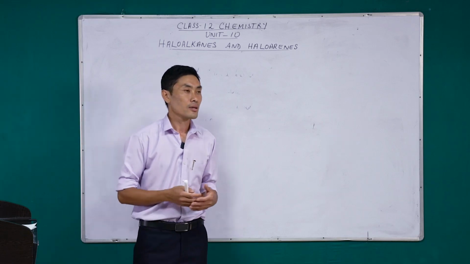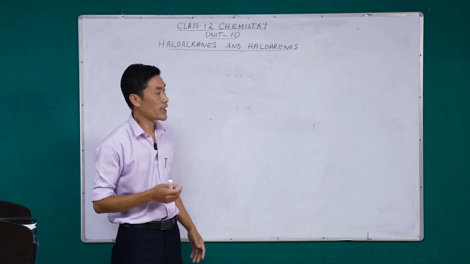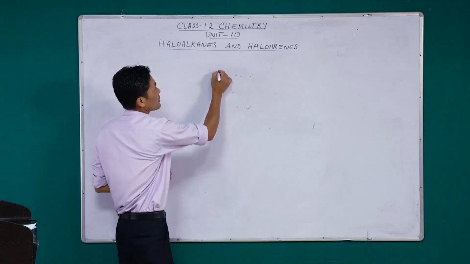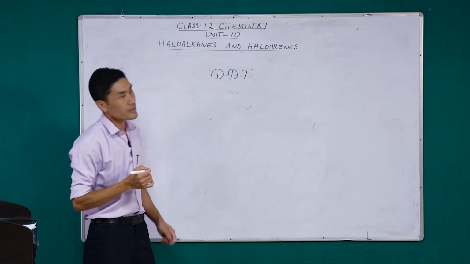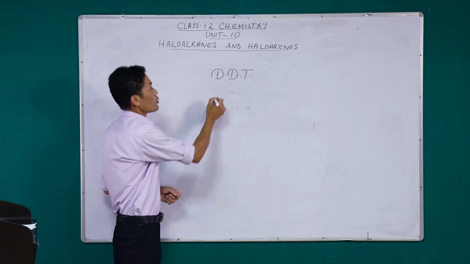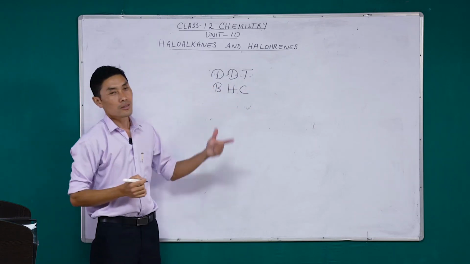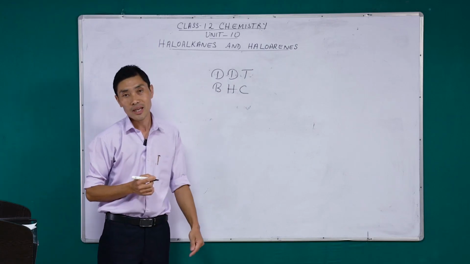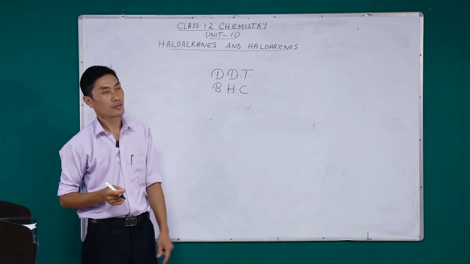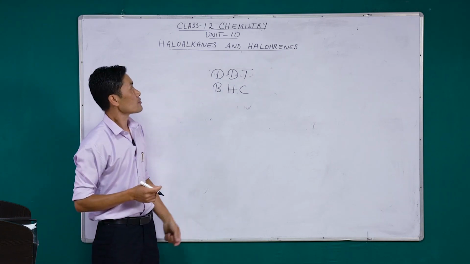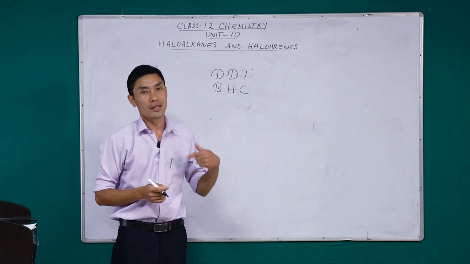Not only that, some derivatives of haloalkanes like DDT, dichlorodiphenyltrichloroethane, or BHC, benzene hexachloride, are used as insecticides and pesticides. There are still other compounds of this family like halothane, which is used as an anesthetic.